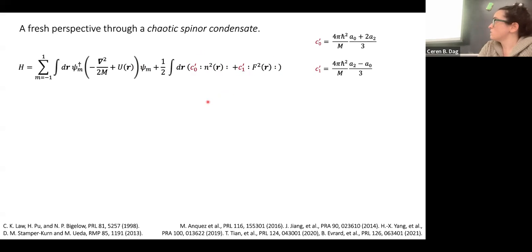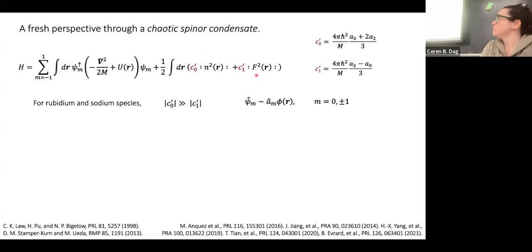Because I'm sticking with a spin 1 spinor condensate, this angular momentum operator is simply the spin 1 operator. There are many atomic species that have been studied experimentally all around the world, but typically people stick with rubidium and sodium species, and that gives you, for example, a spin 1 spinor condensate.